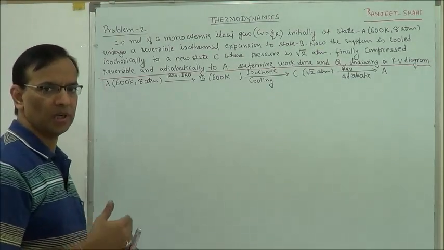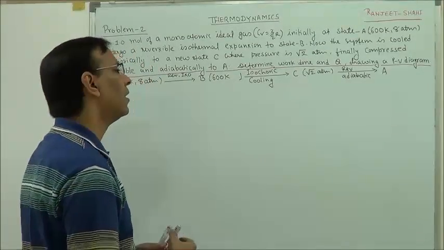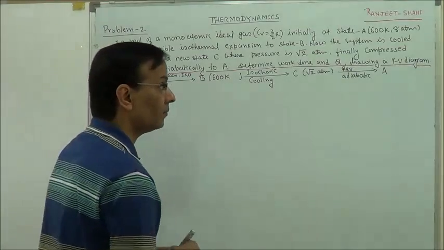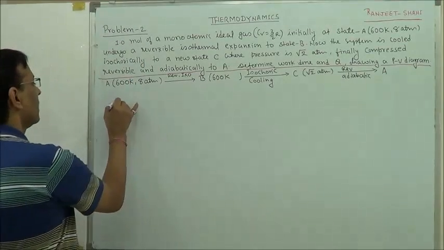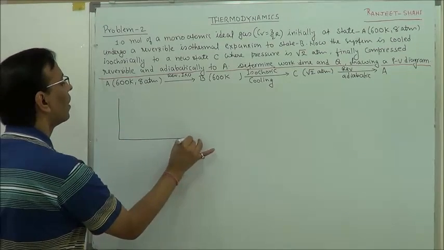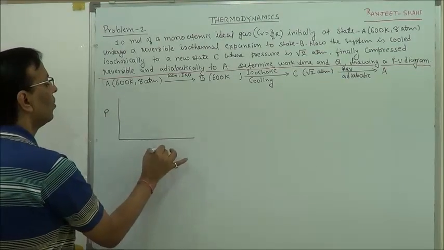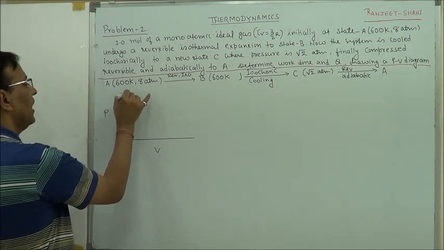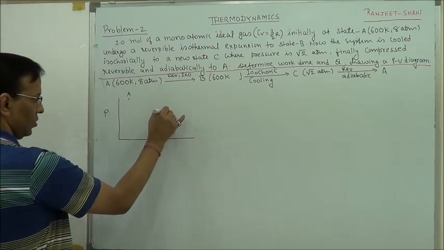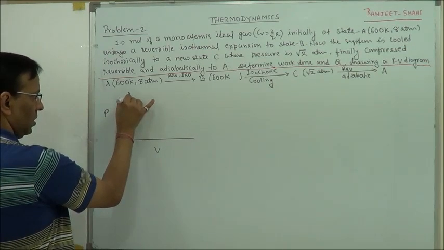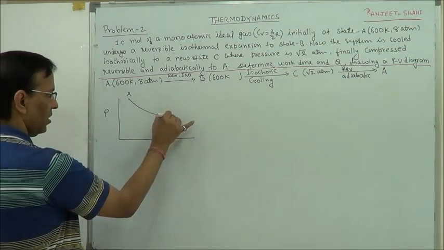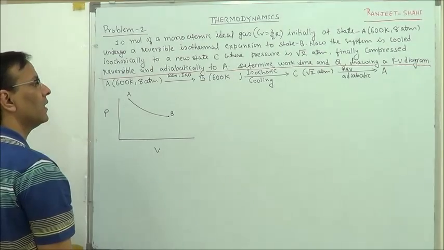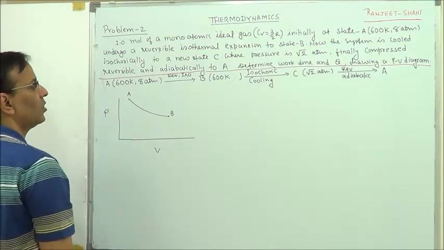With the knowledge we have just gathered, we can depict these changes on a PV diagram. Here we have pressure, volume. Reversible isothermal expansion from some initial state A to a new state B. This is state B. Then isochoric cooling, cooling at constant volume.